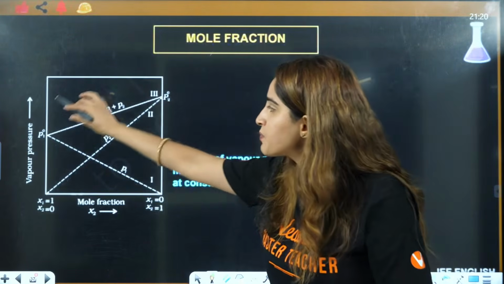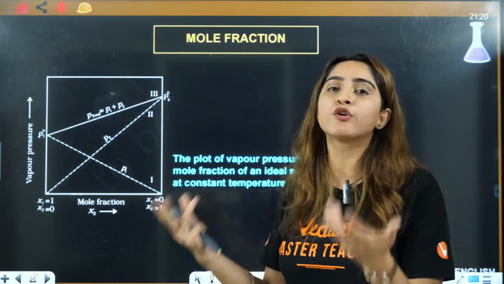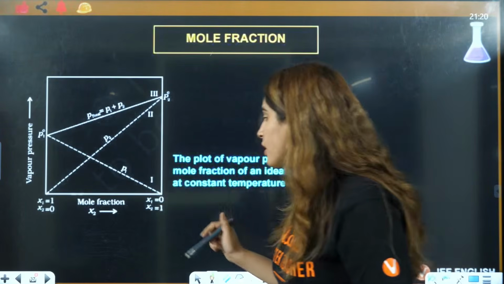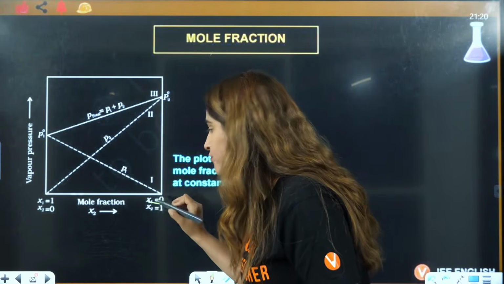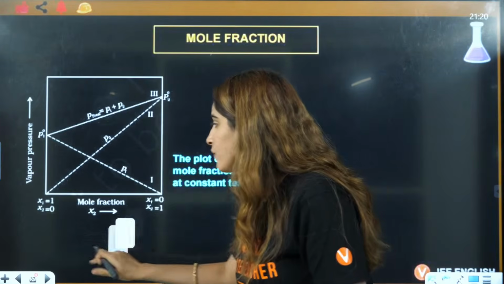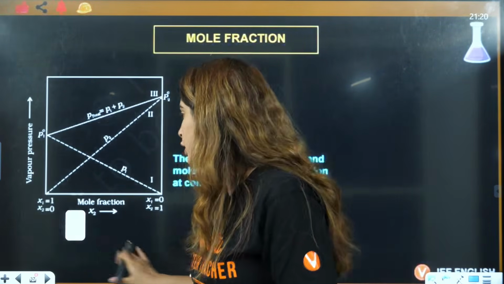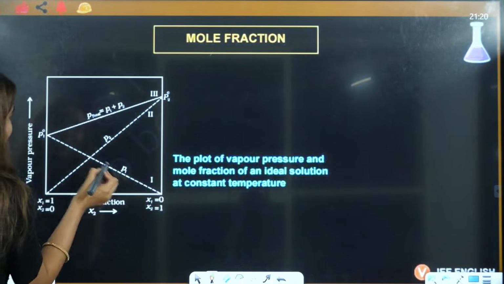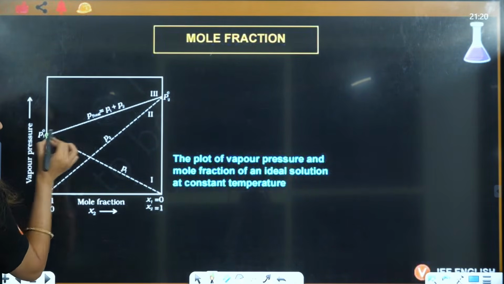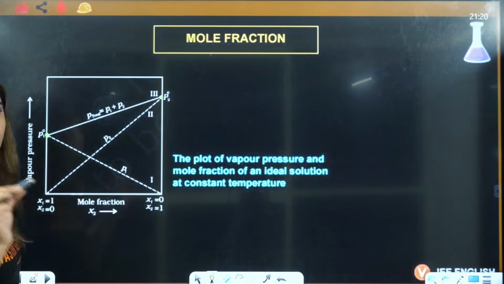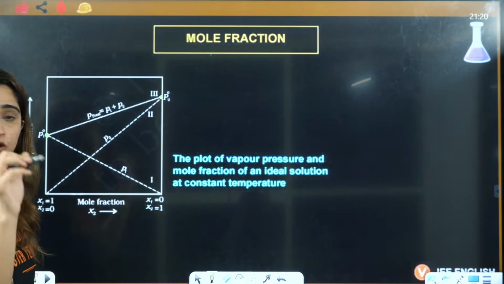So this is basically how you graphically draw Raoult's law. Here you will keep the mole fraction of one component as 0, and here you will keep the mole fraction of the other component at 0. And here, this P1 is P01, this is P02, that is telling you the vapor pressures.